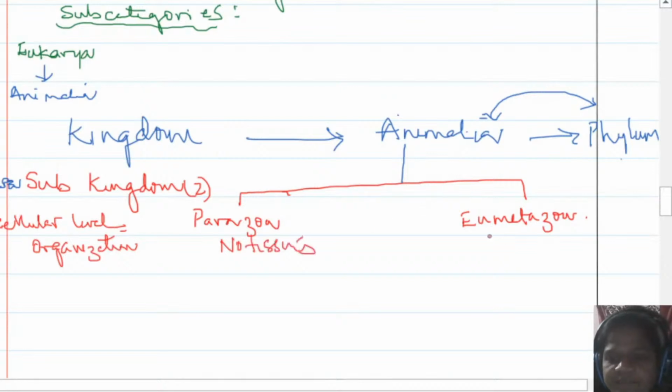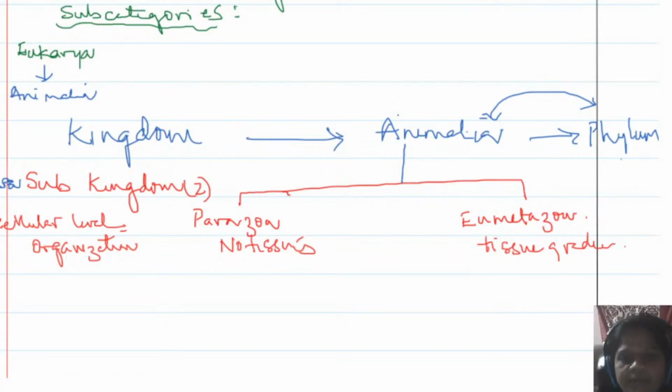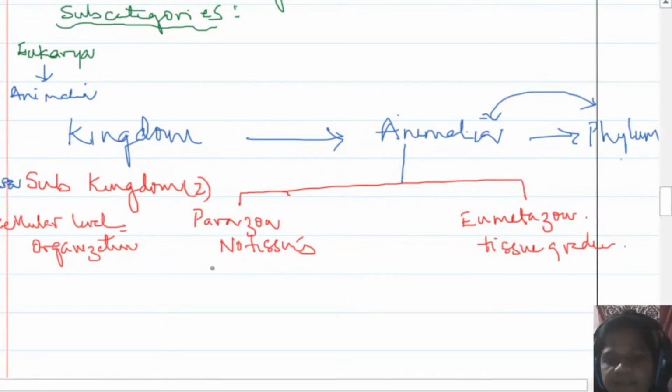For the first time, we have a tissue grade of organization in Eumetazoa. Here, for example, you have Porifera. And this is the phylum, right? You know that. An example is sponge.